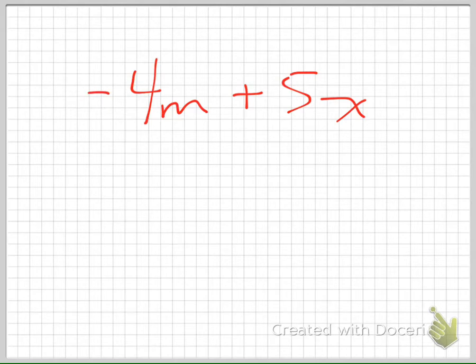What if I have negative 4m plus 5x plus 7? What are the coefficients? Negative 4 and 5. That's right. What's this guy called? He's called the constant. If he doesn't have a variable, just a number sitting there, he's a constant. Make sense?